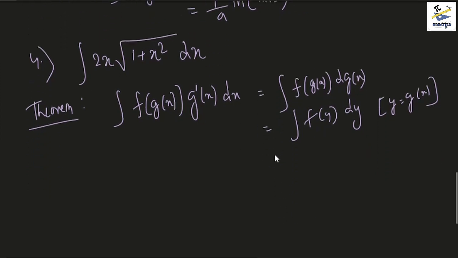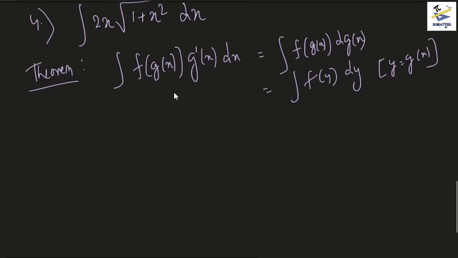Okay. So what we are trying to find is some function of something, where the derivative of that something is already given along with dx, and then we can directly substitute. Why? We can see why.